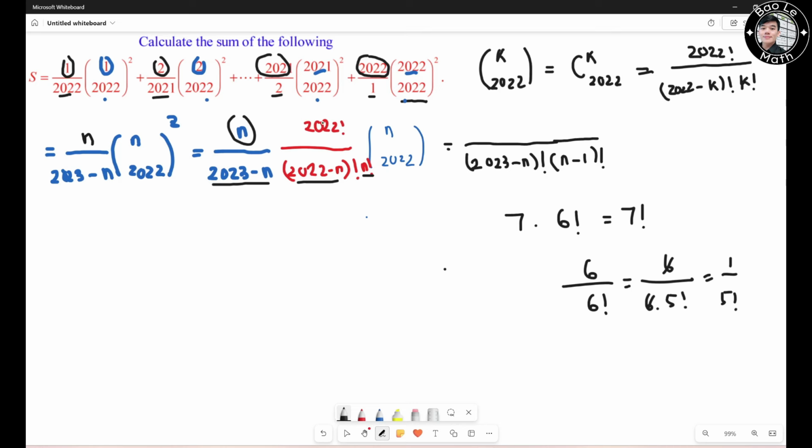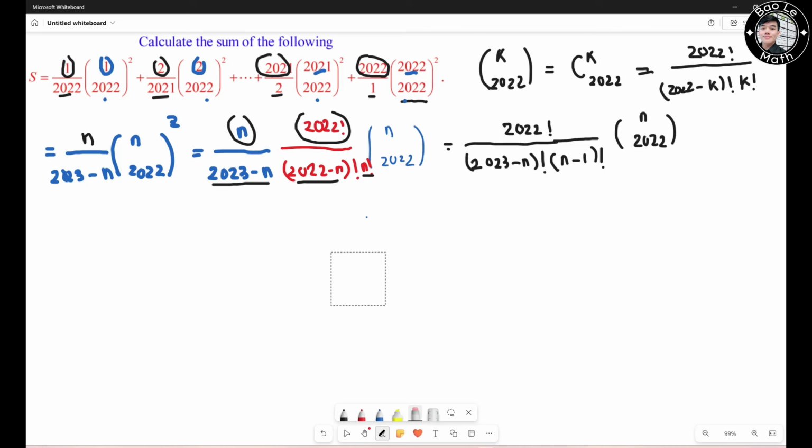Now the top, this one I just rewrite: 2022 factorial. And then this guy, I just copy down: C(n, 2022). Now next one. I solve this one. This is (n minus 1) factorial, and I need to apply this formula.